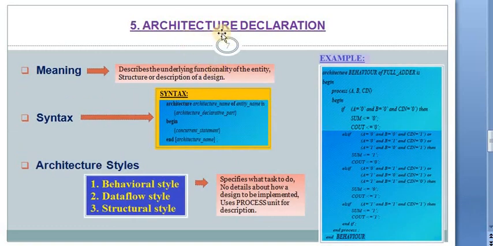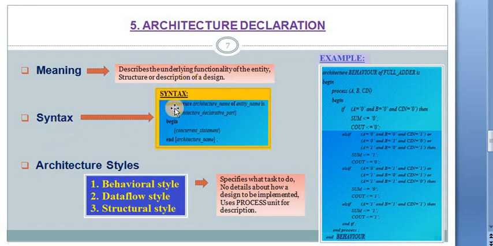As you see on the slide, the architecture statement describes the underlying functionality of an entity. So we can say that an architecture statement defines the structure or description of a design which is bounded with an entity. See its syntax.